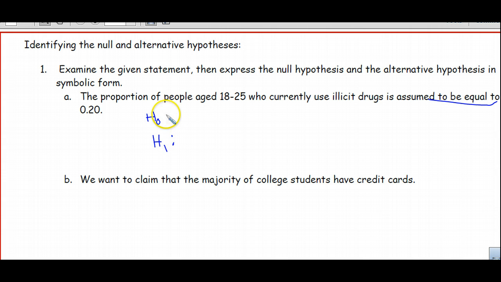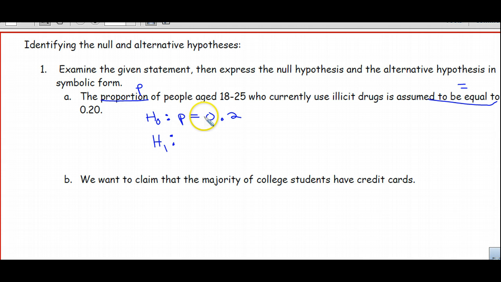Notice that I'm putting colons here, not equals, because I'm listing out these, so make sure that these are colons and not equal signs. The proportion, so that means I'm using P, because that's the symbol for the population. And because P is equal to 0.2, this has got to be in my null. So this is going to be P equal to 0.2.